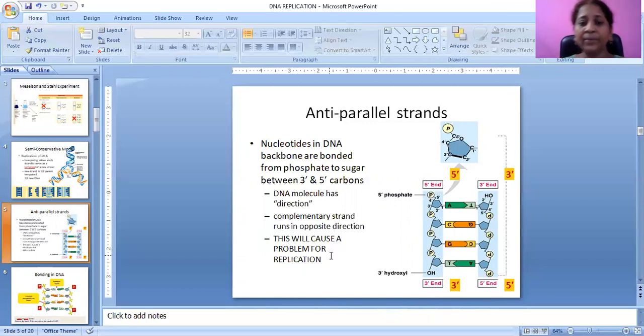This will cause a problem in replication, because when the parent strand is 5' to 3', the daughter strand will be formed in 3' to 5'. We can observe in this figure adenine, thymine, cytosine, guanine going in the reverse direction. So that is called anti-parallel strands.